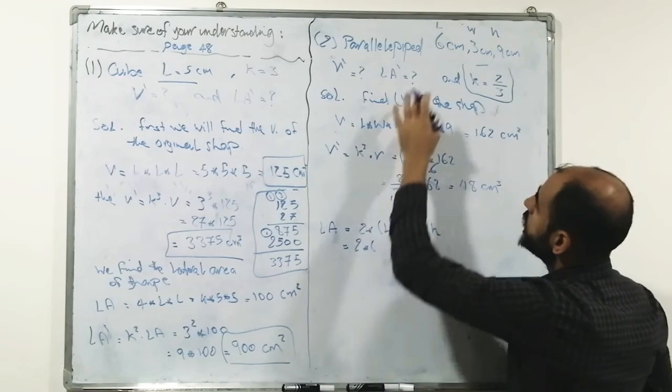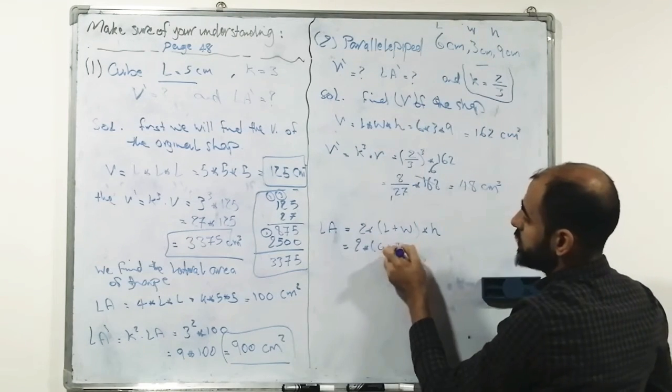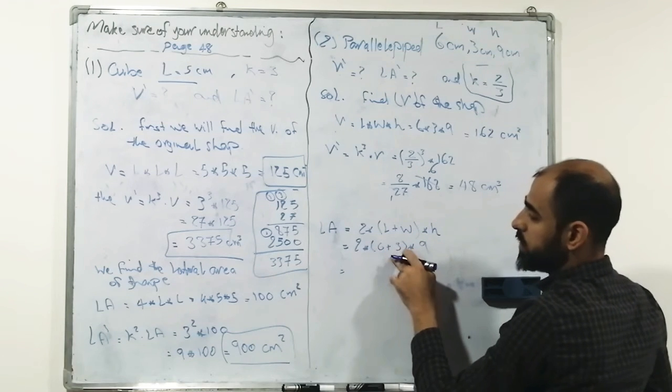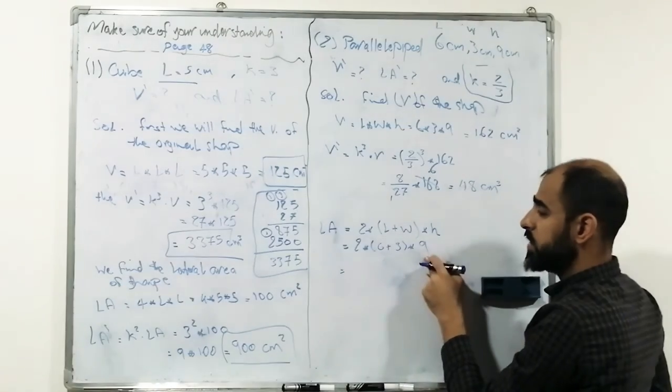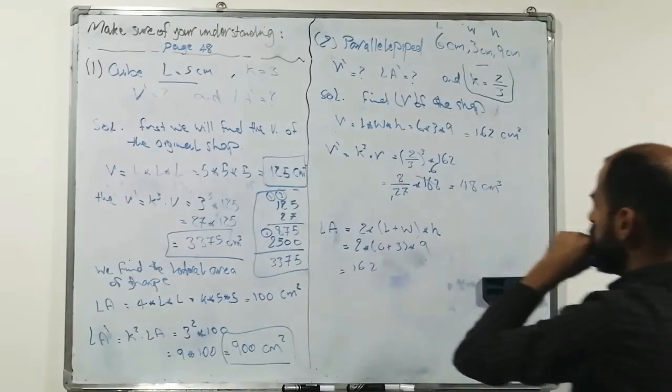Now length 6 plus width 3, multiplied by height 9. 6 plus 3 is 9, 9 by 9 is 81, by 2 is 162.